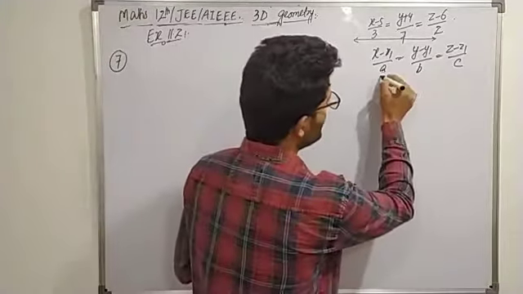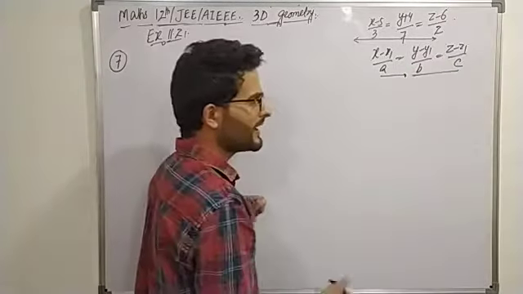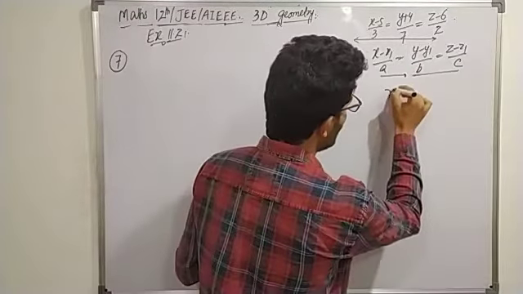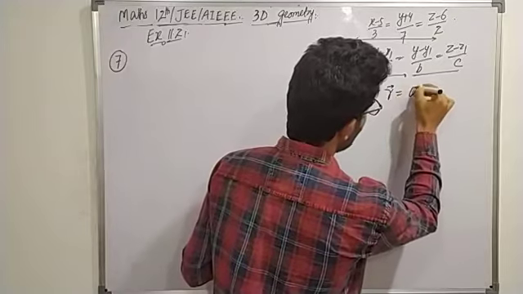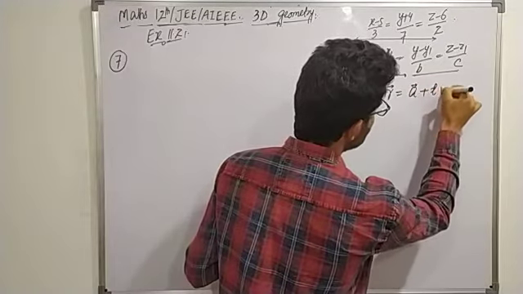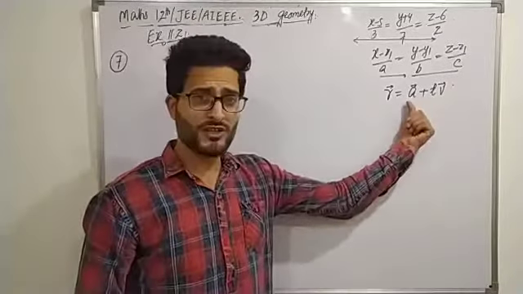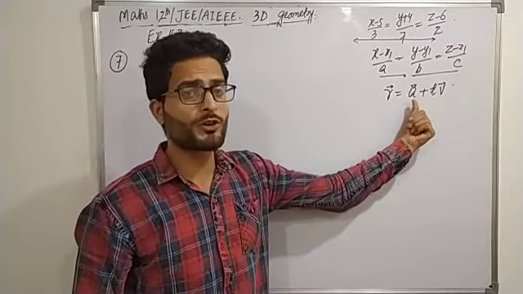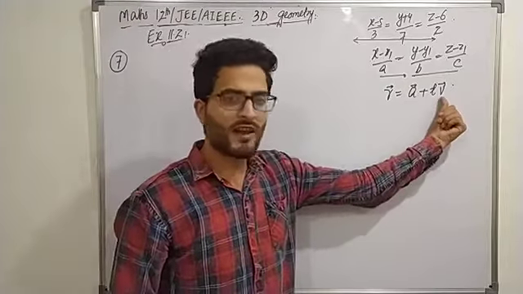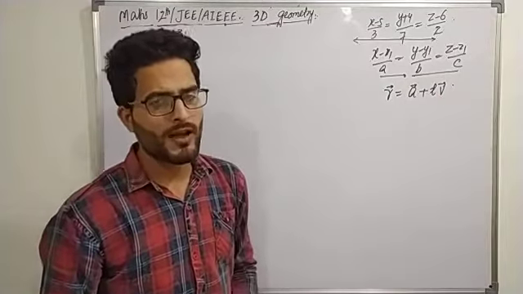The equation of this line in vector form will become r vector is equal to a vector plus t times v vector. In that equation we need a vector, that is the position vector of the given point through which the line passes, and v vector, that is a vector which is parallel to the line.